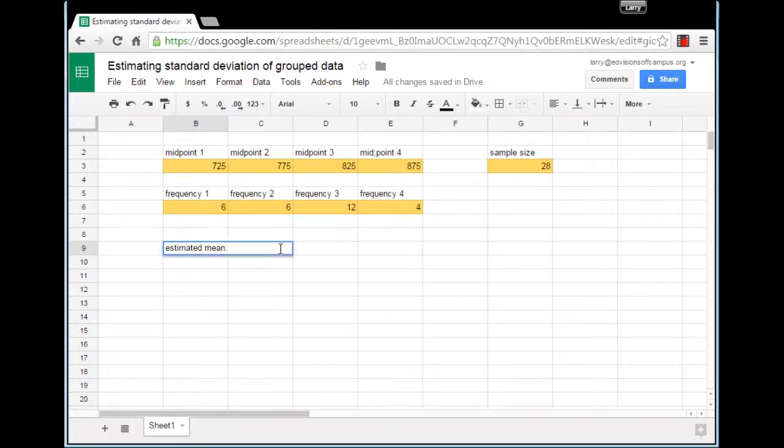Okay, so now let's start with the estimated mean. We'll put the formula in this box. What we need to do is take the midpoint times its frequency and then divide by the sample size.